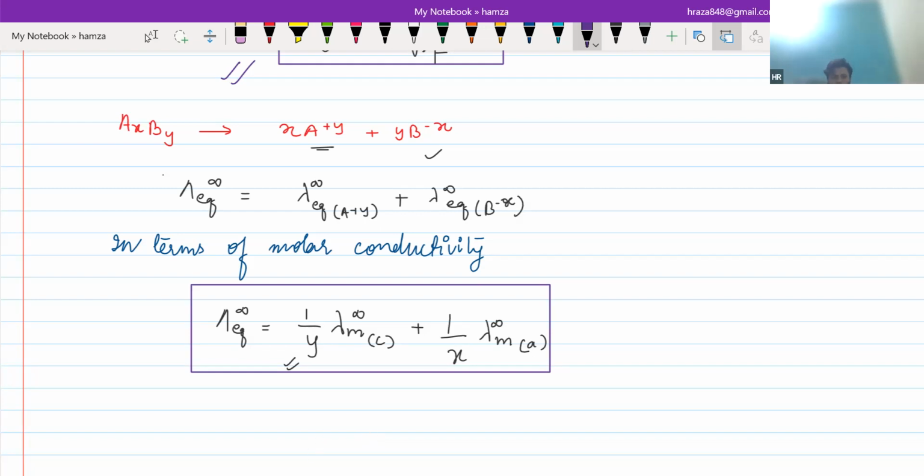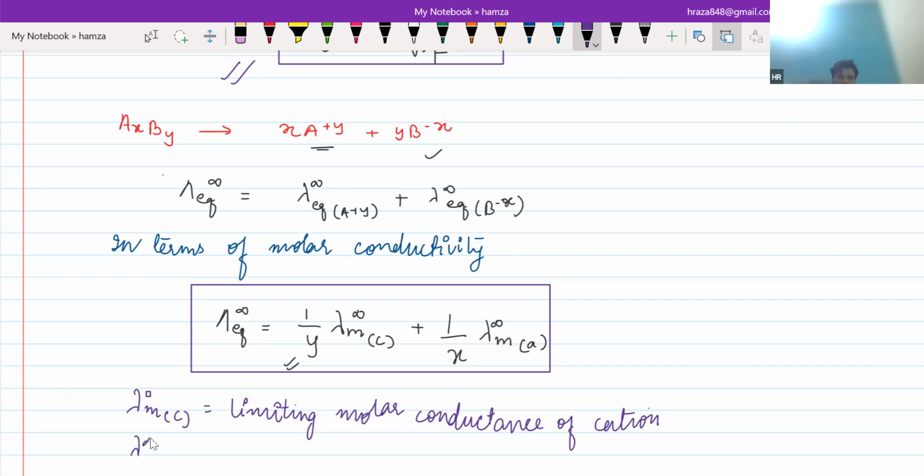And here lambda naught m of cation will be equal to basically limiting molar conductivity, limiting molar conductance of cation, and lambda naught m of anion is limiting molar conductance of anion.